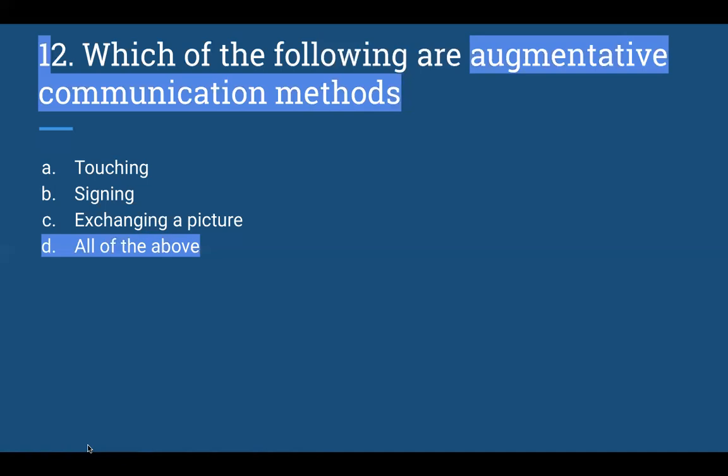I guess now we're learning that touching and sign language are part of augmentative. I always thought of it as something extra, like the machine or picture exchange, not really thinking touching and signing, but then I guess it makes sense. Yeah. Okay. Remember, PECS is a specific type of way to do it, and it's very structured.